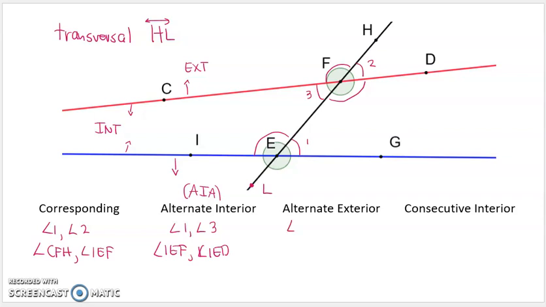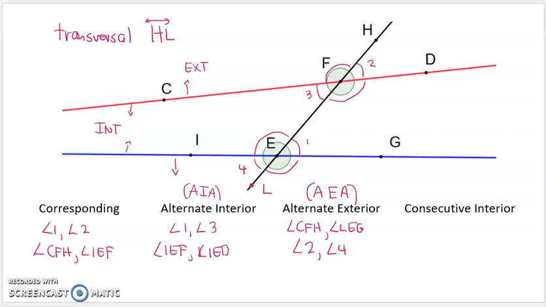Angle CFH and angle LEG would be alternate exterior angles, or AEAs. They are exterior to the intersected lines, and they're on opposite sides of the transversal. Angle 2 and angle 4 down here would also be alternate exterior angles.